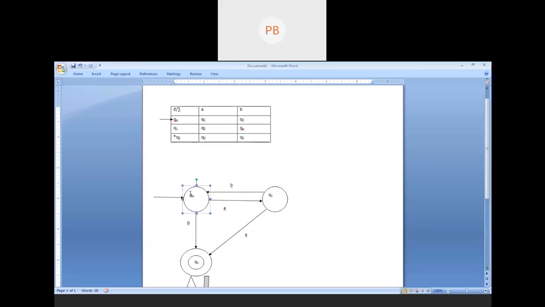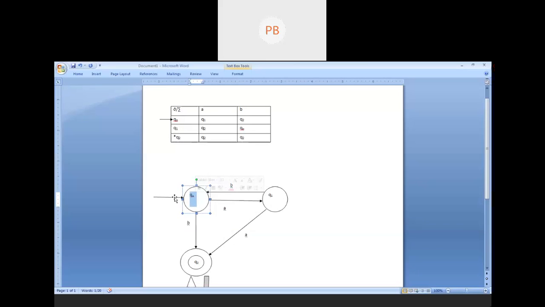That means if q is the starting state among all the states, we represent this q within a circle using an arrow mark.